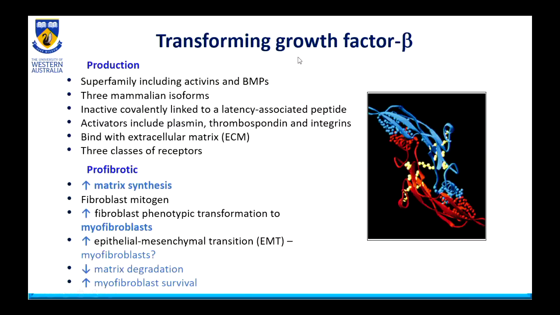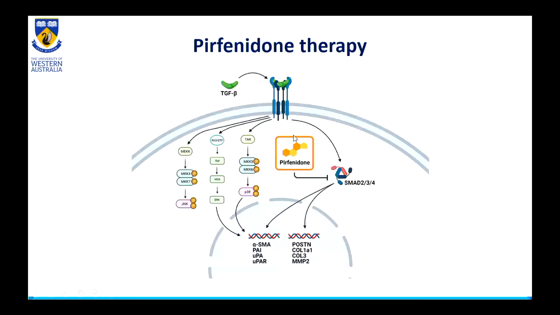And just to remind you, we're going to go through this in detail, but this transforming growth factor beta, which was the last thing we talked about, is very important for the next drug, pirfenidone. And the key here is that it's pro-fibrotic and increases matrix synthesis, increases differentiation to myofibroblasts. It slows down the degradation of matrix and increases survival of myofibroblasts. So this is a really important growth factor.